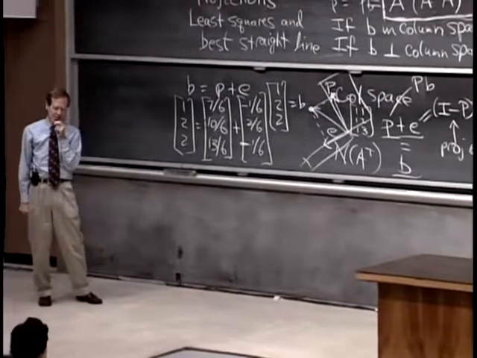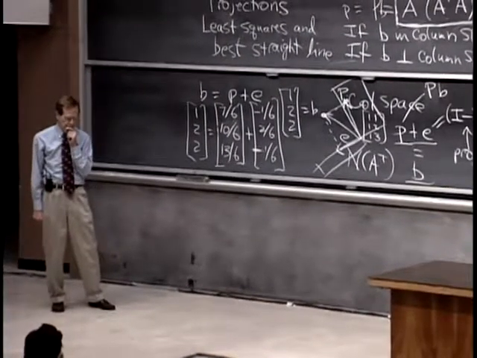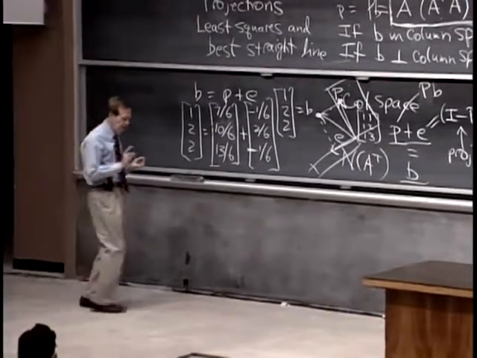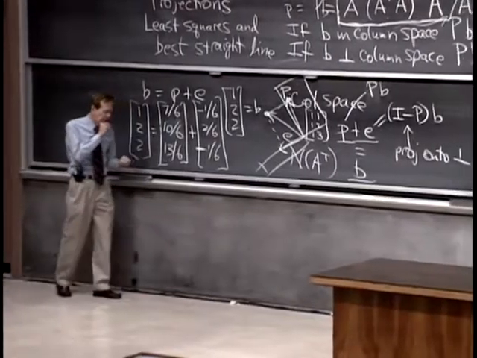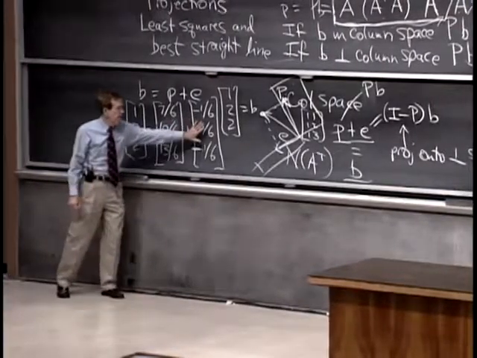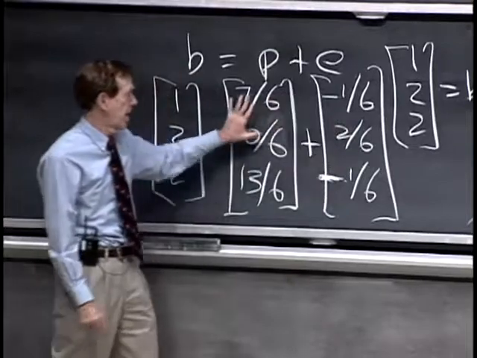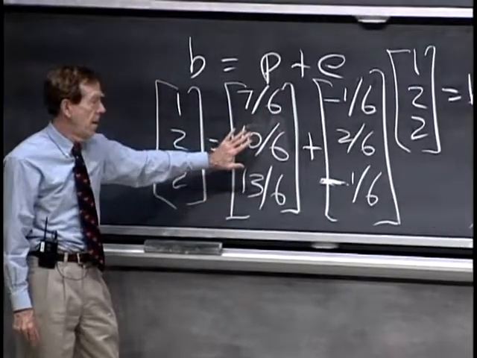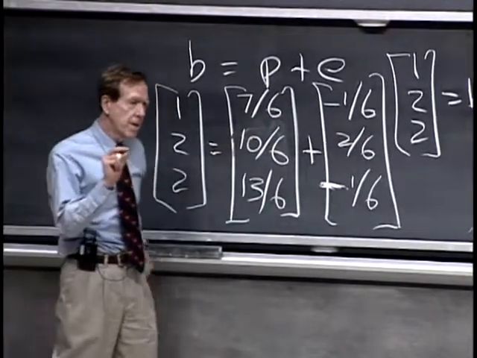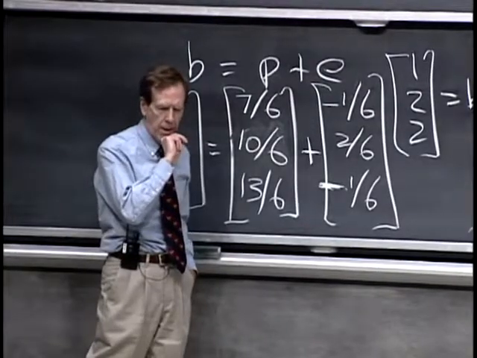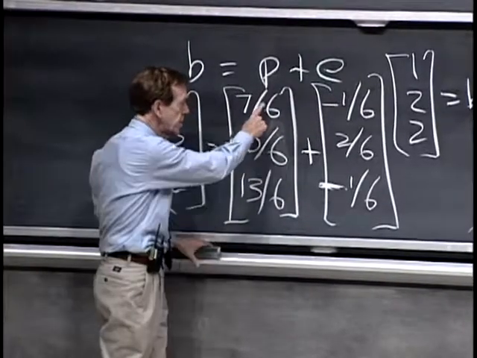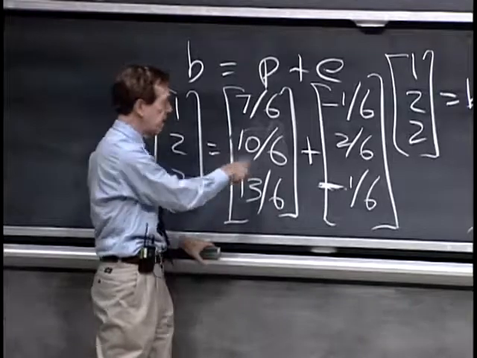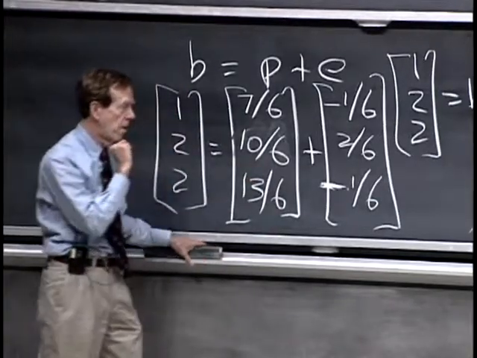And what else should we know about that vector? Actually, we know even a little more. This vector, E, is perpendicular to P, but it's perpendicular to other stuff too. It's perpendicular not just to this guy in the column space. This is in the column space for sure.